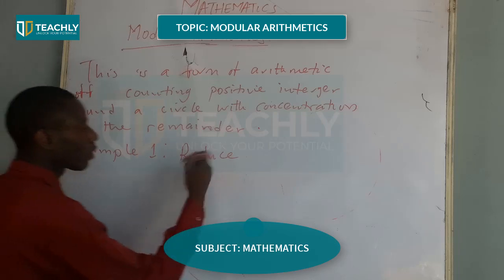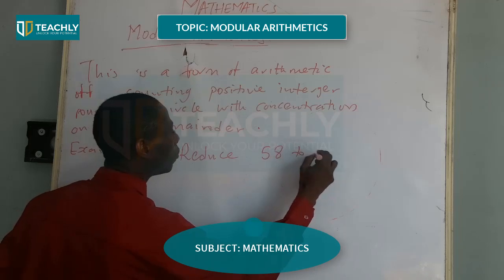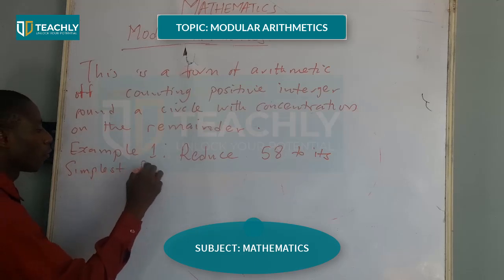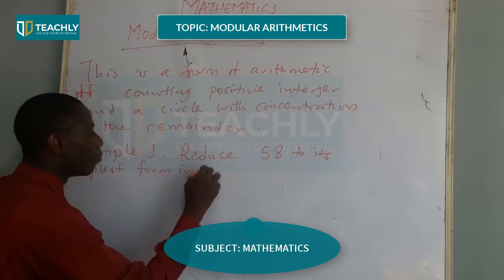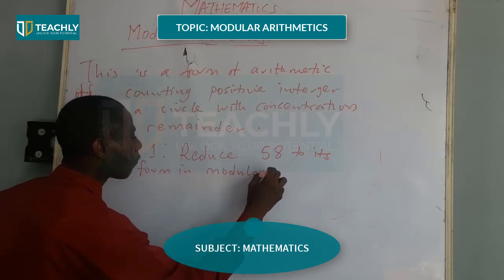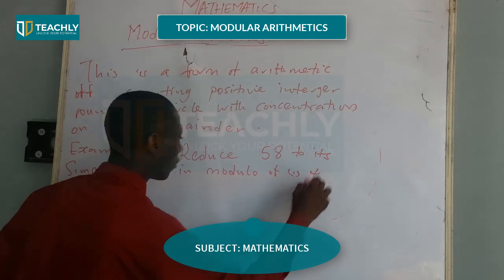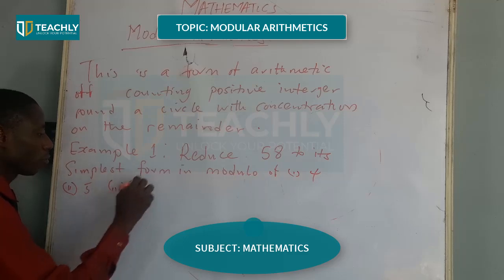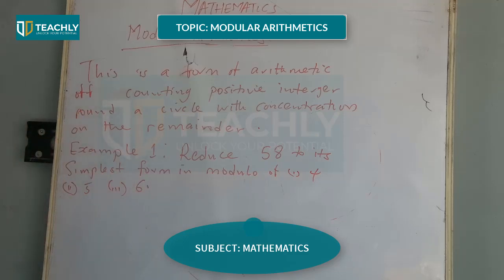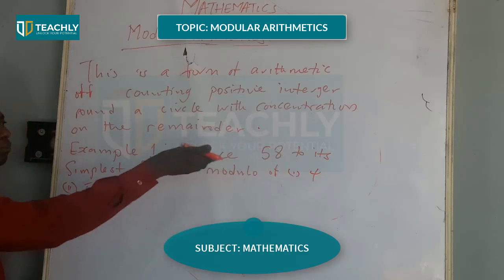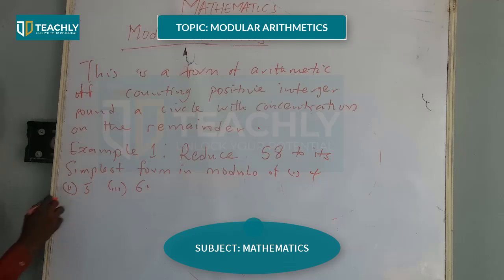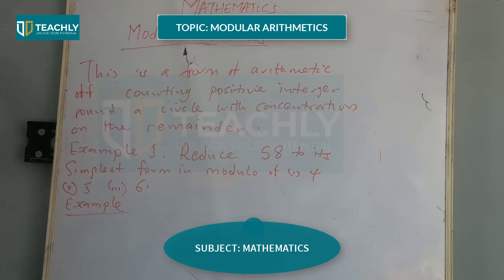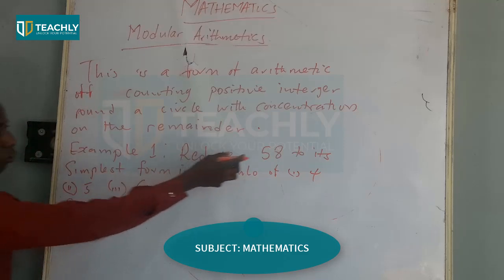Reduce 58 to its simplest form in modulo 4, modulo 5, and modulo 6. When I say modulo, it means the base with which you are counting or reducing an expression.